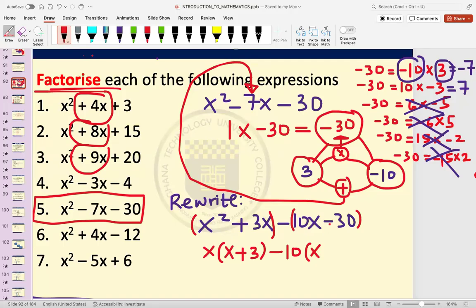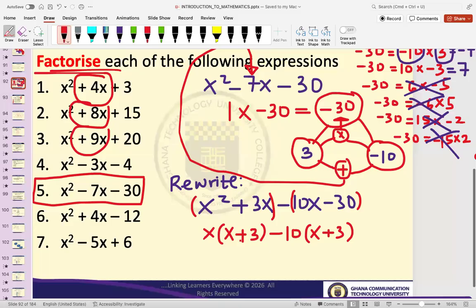Now watch the sign. We have pulled negative 10 out. So you can't put this negative here. It has to be positive. So that when you are going back with the expansion, you have negative 10 multiplied by x. That will give you negative 10x. And then negative 10 multiplied by positive 3 will give you negative 30.